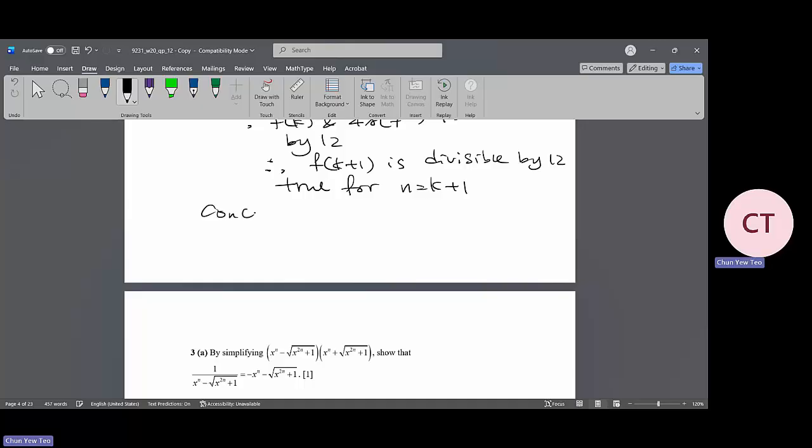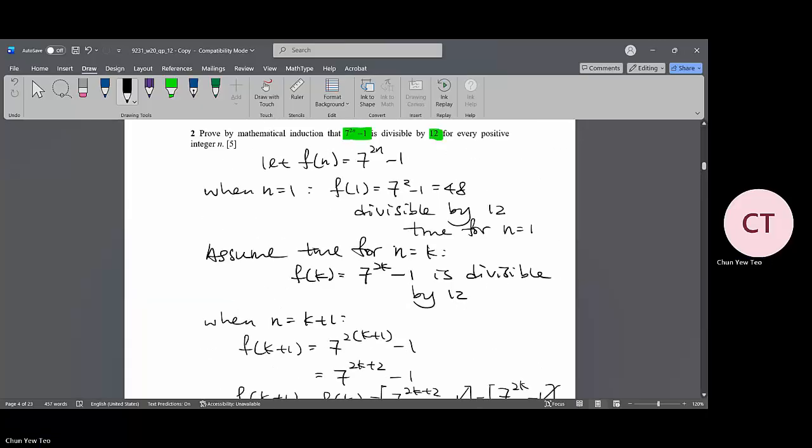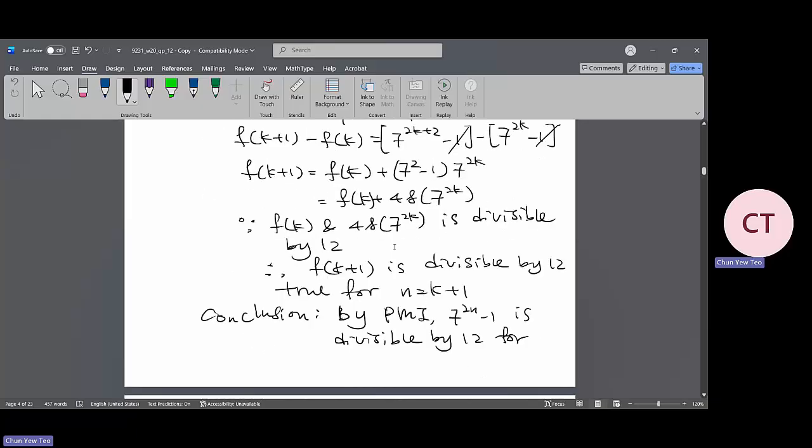So conclusion, by the PMI, 7 power 2n minus 1 is divisible by 12 for every positive integer n.